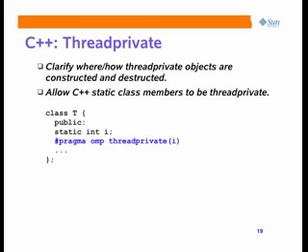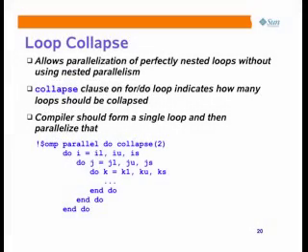Another thing in 3.0 is the collapse clause that you can add onto a loop. This one tells the compiler how many loops should be collapsed together first. So the compiler would collapse those loops together and then parallelize the resulting loop.